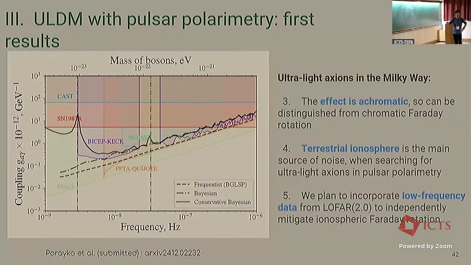And we find that we are able to constrain the ultralight axions fairly confidently using PTA data. But of course, at this point, things are not as constraining as we would like them to be.